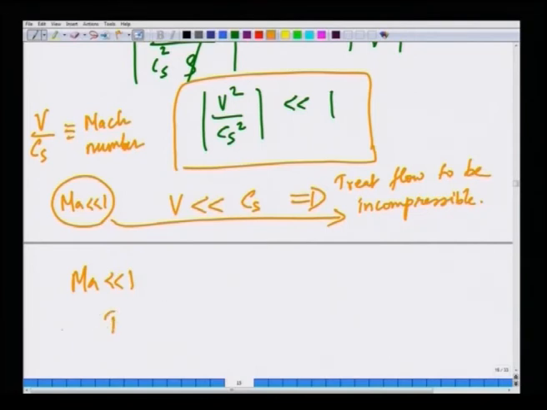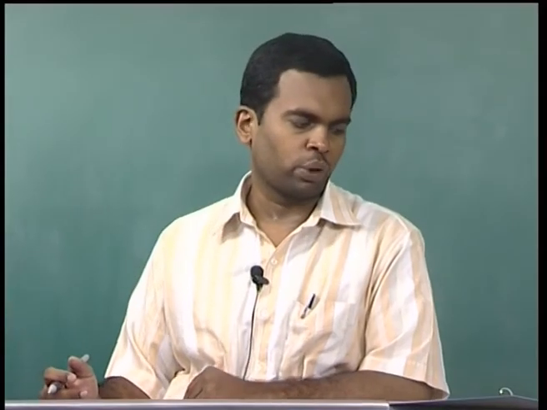In practice, this means that even if the Mach number is less than about 0.2 or 0.3, you can treat the flow to be effectively incompressible. It need not be very small in the sense of 10 to the minus 8 or 10 to the minus 5, it can be even just of the order of 0.2.